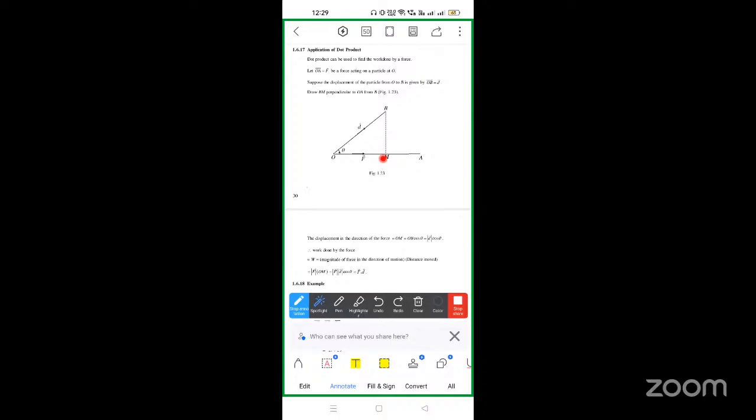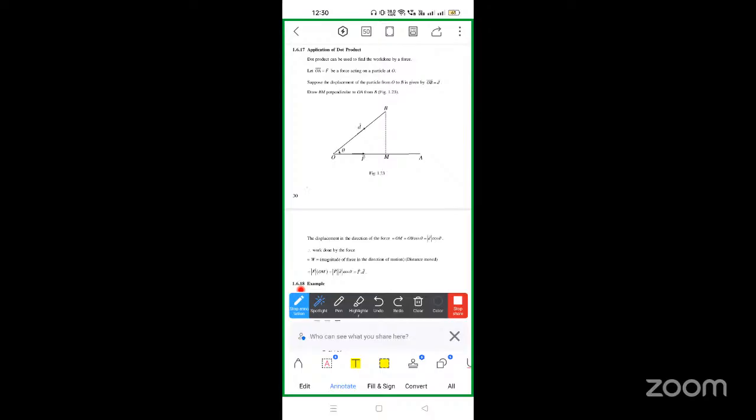So after applying the force, the distance traveled is O to B. Draw BM perpendicular to OA, so we can represent it on the OA axis.